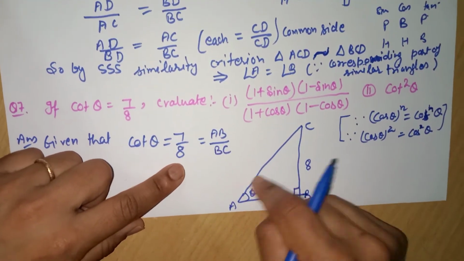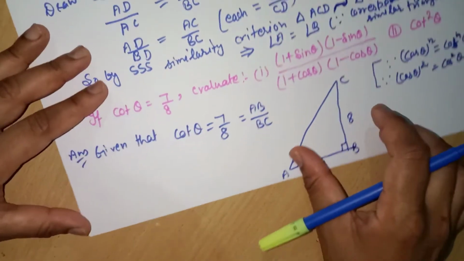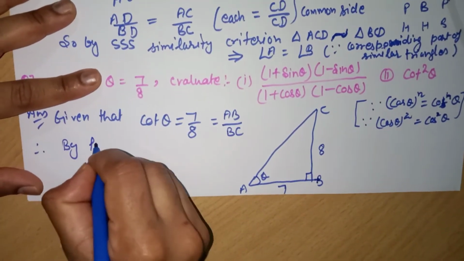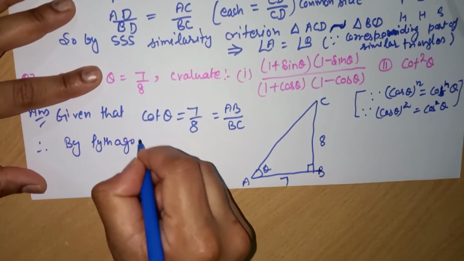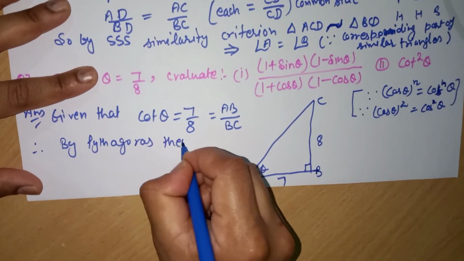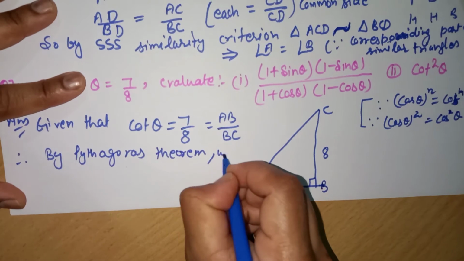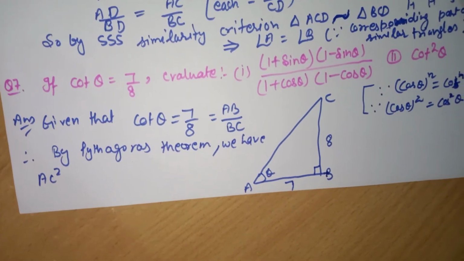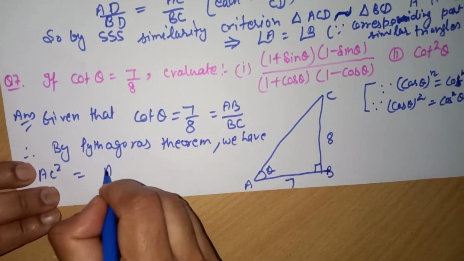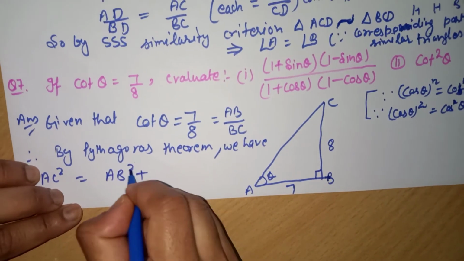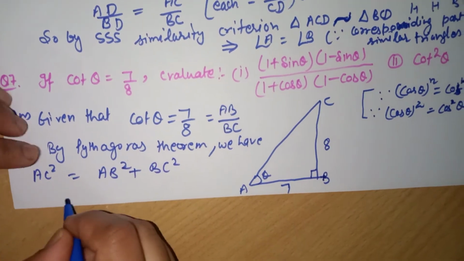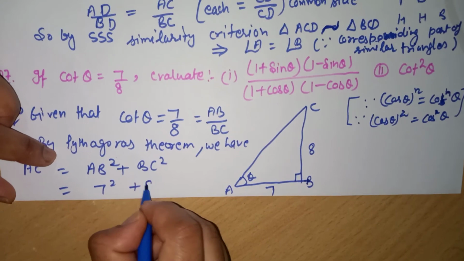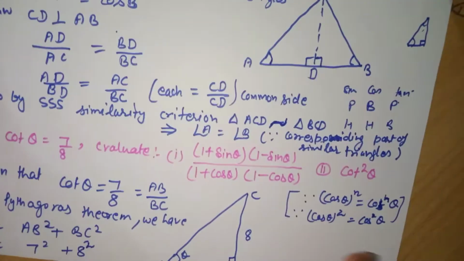Now we will find the value of AC by applying the Pythagoras theorem. By Pythagoras theorem we have AC square is equal to AB square plus BC square. Now the value of AB is 7 and the value of BC is 8.